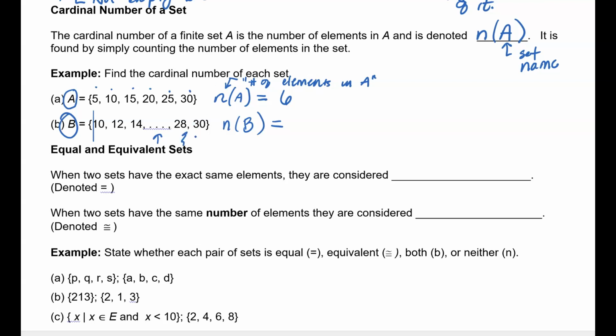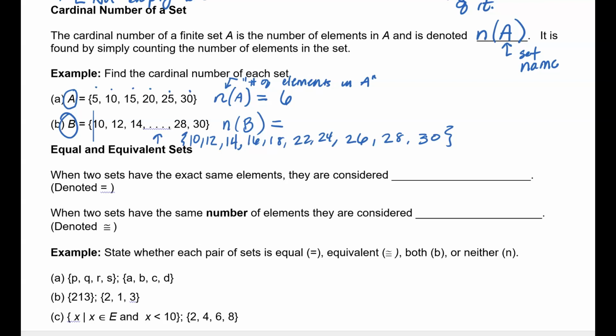So it looks like 10, 12, 14. This is a set of even numbers going up to 30, starting at 10, so I'm going to keep going. And then we've got 28 and then 30. Now we can count them all: 1, 2, 3, 4, 5, 6, 7, 8, 9, 10.